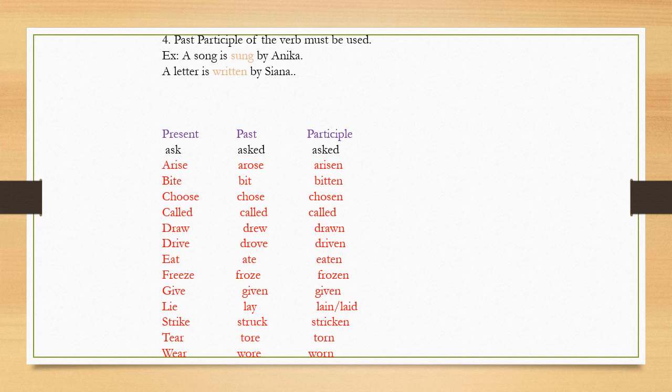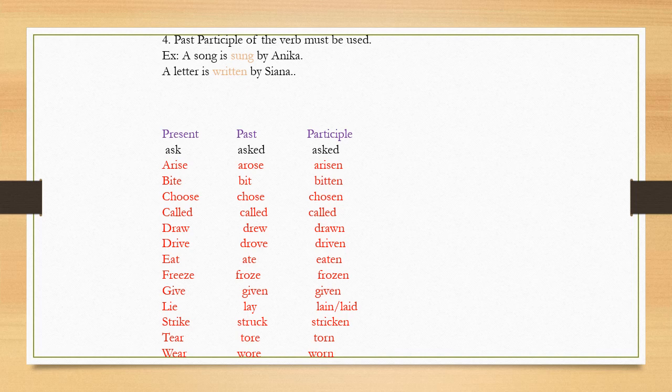Clear? Now the first sentence I told you was Annika sings a song. When I change it into passive voice, we say a song is sung by Annika. So sung is the past participle form of the verb sing. Sienna writes a letter. A letter is written by Sienna.